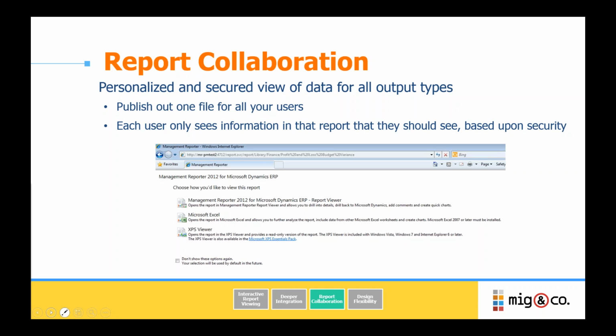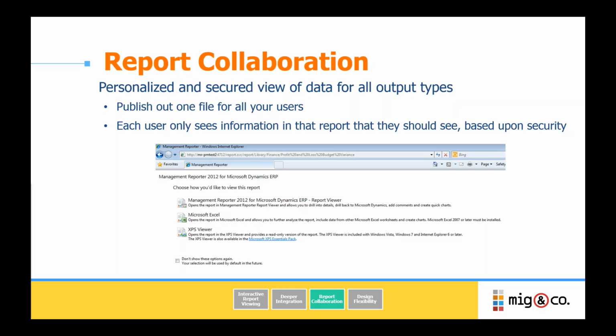What you can do with this is create packages that contain one of these report types, maybe just a viewer, or all of the different report types. You can publish that package out to one of your shared drives up on SharePoint or wherever you choose on your network. Then when the user opens the file, they're only going to be able to see what they're allowed to see based on their security within the Management Reporter application, and that security is actually based on the underlying security of the Microsoft Dynamics system.